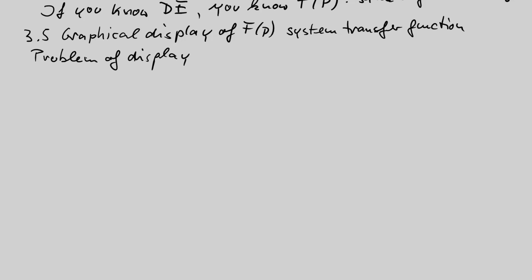A time signal is easy to display. A time signal, say y of t, is a function of one parameter. The output, the information, is a real value and the parameter is a real value.